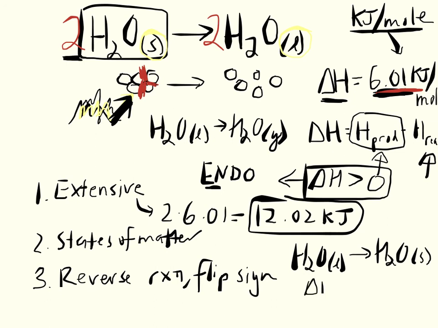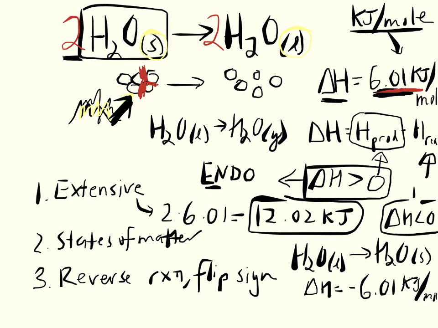So the enthalpy change for this process would no longer be 6.01 kilojoules, but negative 6.01 kilojoules per mole. Okay. And as a result, you can now ask, is that going to be an endothermic or exothermic process? Since delta H is less than 0 now, it's negative, this is going to be an exothermic process. So let's summarize that on the next page, nice and neat.